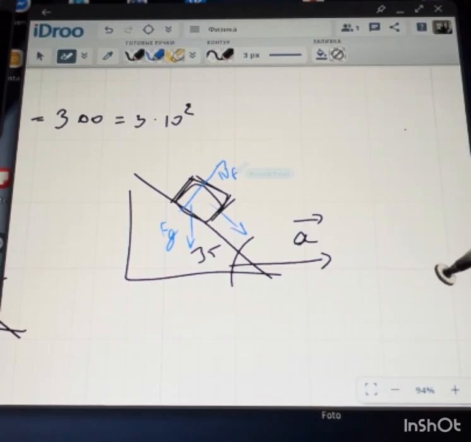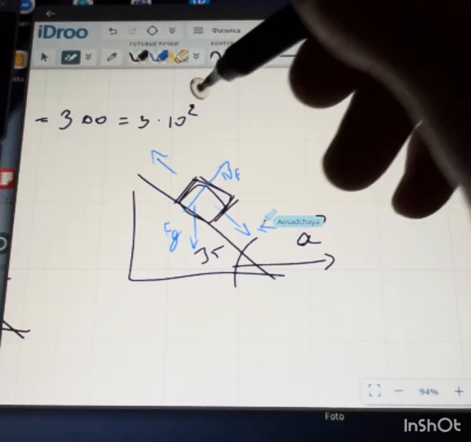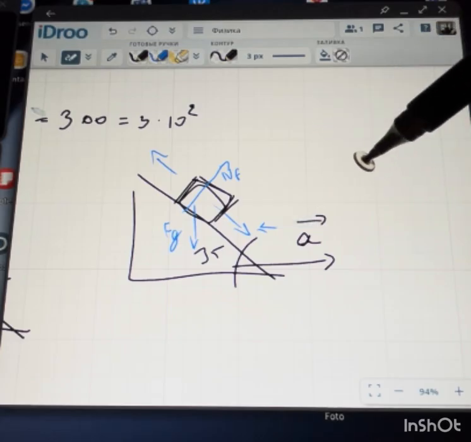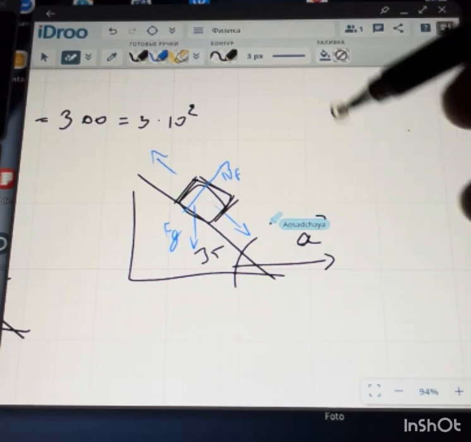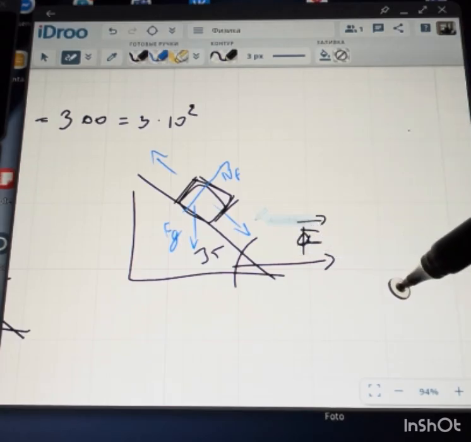But if there is an acceleration going right, it means there is what going right? A force going right. If there is an acceleration, it means there is a force. If there is no acceleration, there is no force. Yes. Good. Very true.